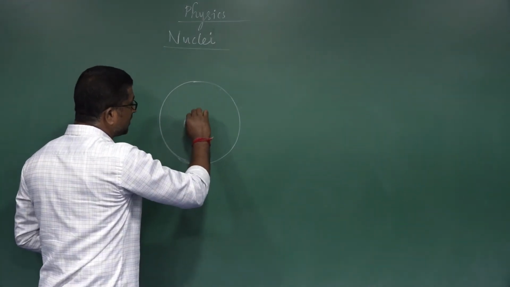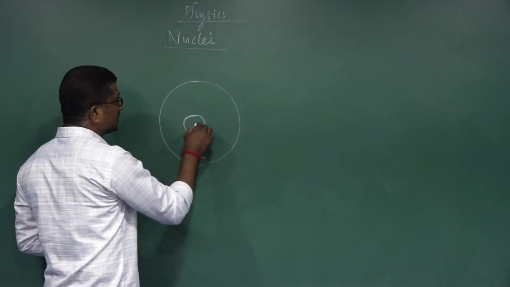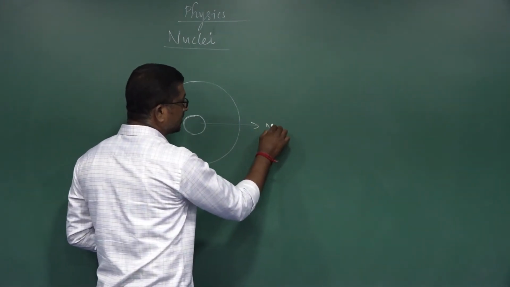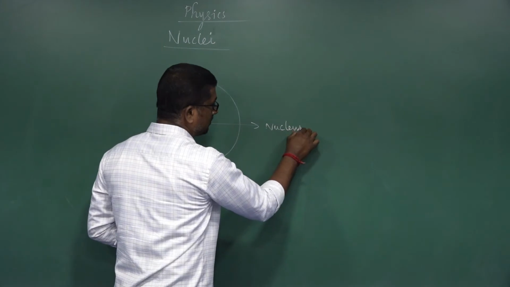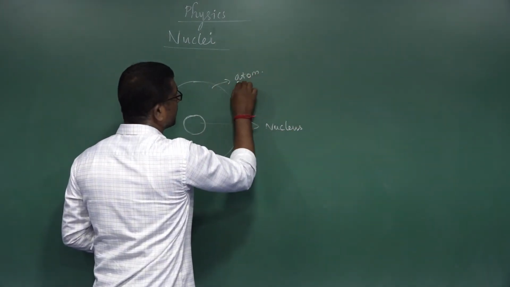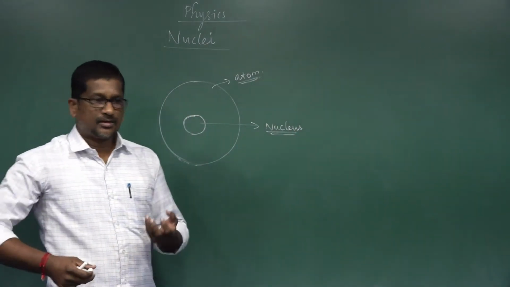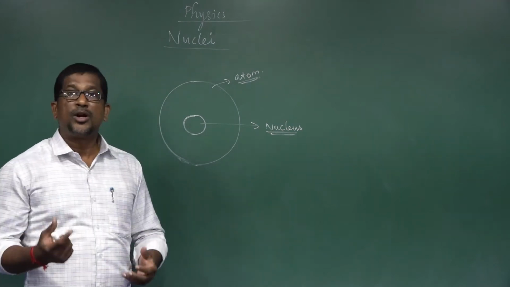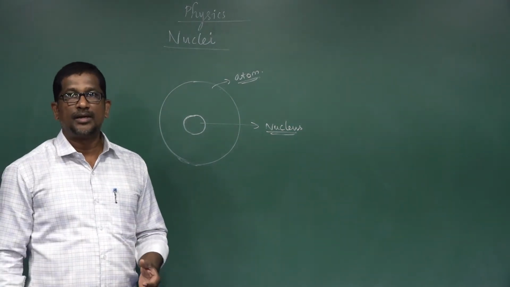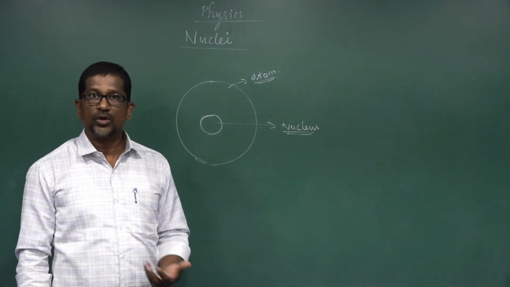There is a tiny central core of an atom that is called the nucleus. The atom, the smallest particle of an element, consists of a small central core in it, which is called the nucleus.